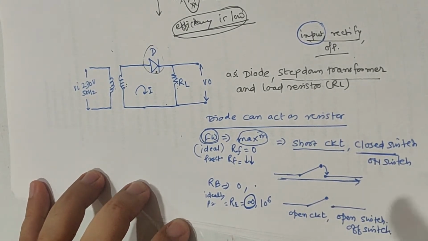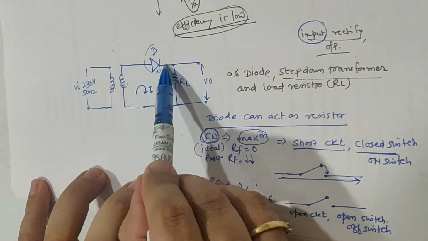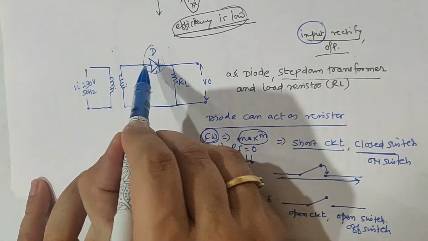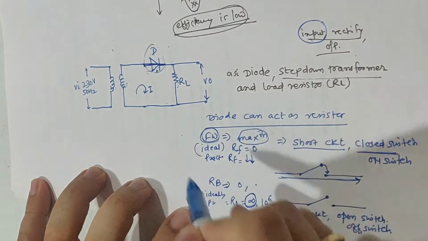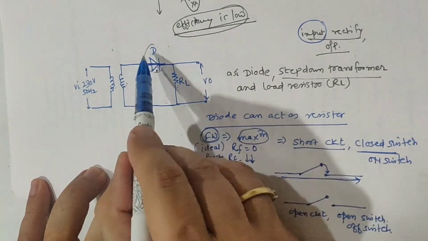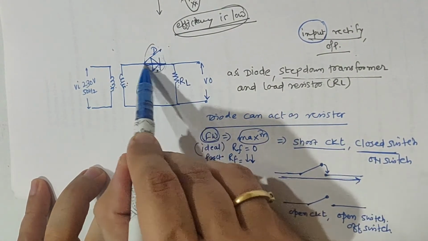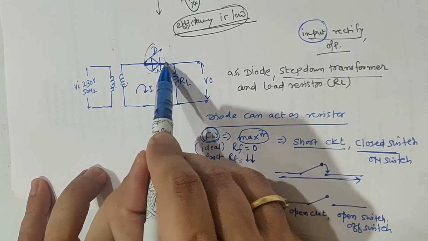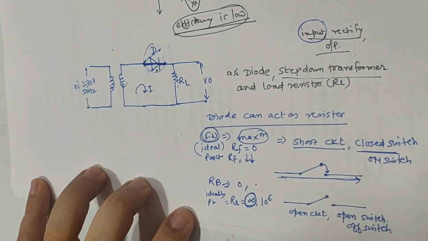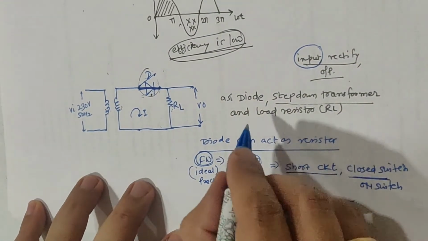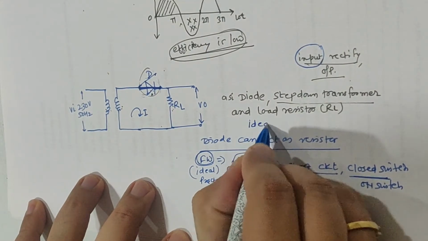I hope you have got this. Again, when the diode is in forward bias, it can be replaced by a short circuit, and when the diode is in reverse bias, it can be replaced by an open circuit. But for that purpose, remember, you need to assume that the diode is ideal.